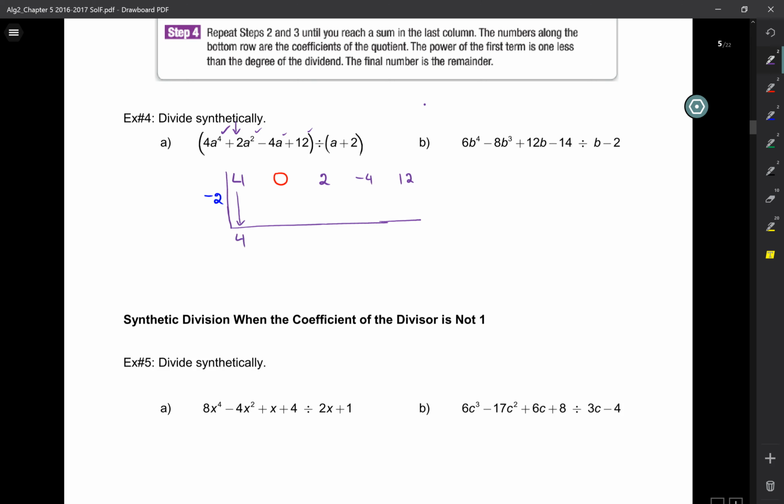Now, what happens to the 4? Multiplied by negative 2, so I get negative 8. I add this way, I get negative 8. I multiply this way, I get 16, and when I add, what do I get? 18. Now when I multiply, what am I going to get? Negative 36.